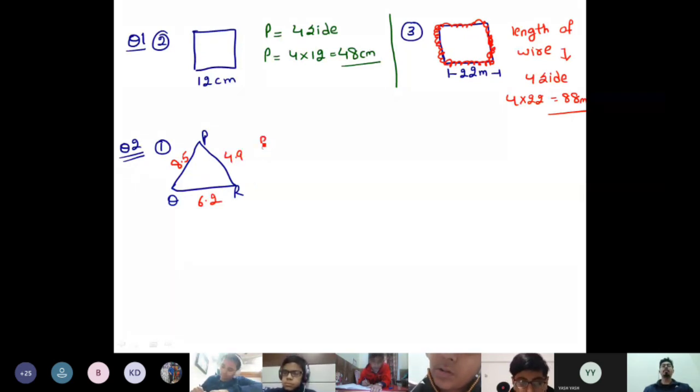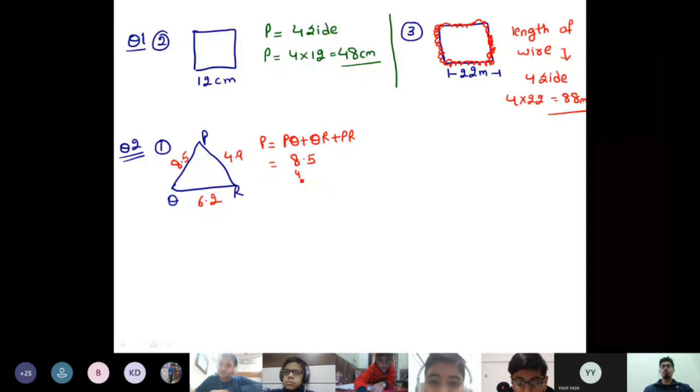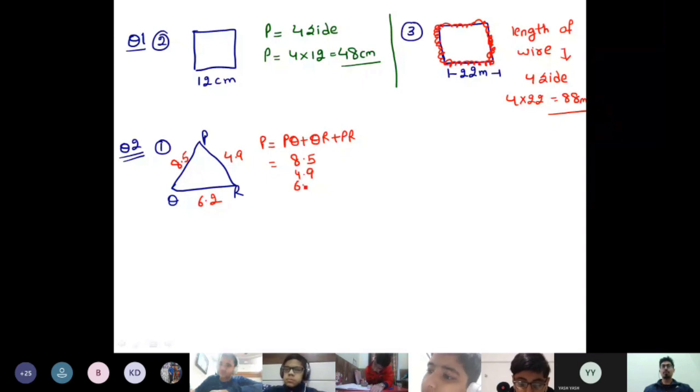I have to find out the perimeter. Yes, students, perimeter will be what? The sum of the boundaries. So perimeter will be PQ plus QR plus PR. So this will be 8.5 plus 4.9 plus 6.2. If I add them, how much will it be, students?